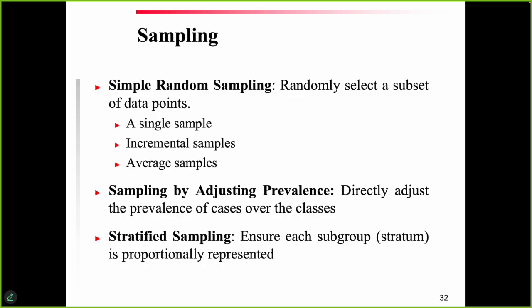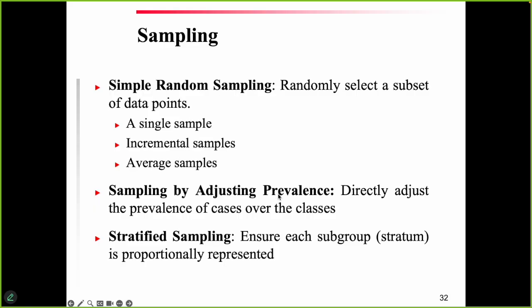But that 1% is actually what matters most for you. And so we cannot do simple random sampling, because if you do that, there is a chance that in your sample you do not cover any of that 1%, right? And so we can't do simple random sampling then. That's when you do sampling by adjusting prevalence.